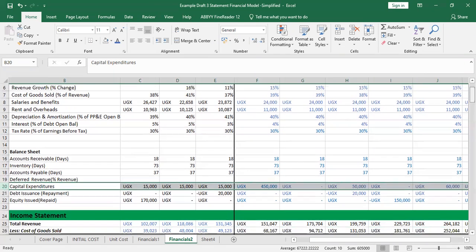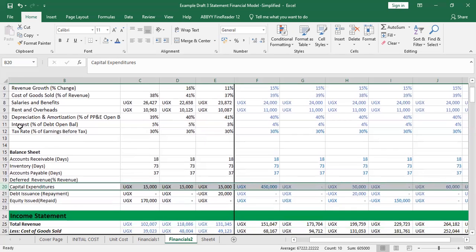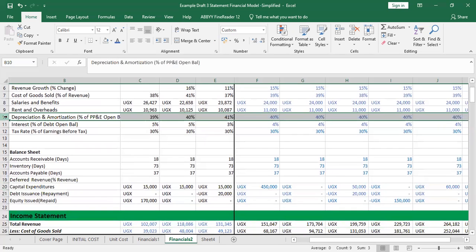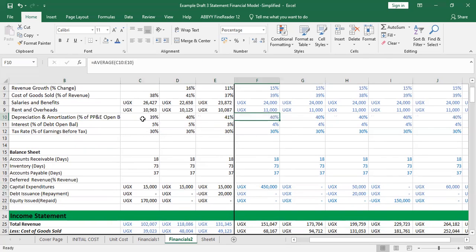Once you get that figure, remember here we made an assumption that our depreciation is 40%. From the past depreciation, it seemed that most of our equipment stays with us 2.5 years. That's why it's 40%, 2.5 years. It takes 2.5 years before we dispose.